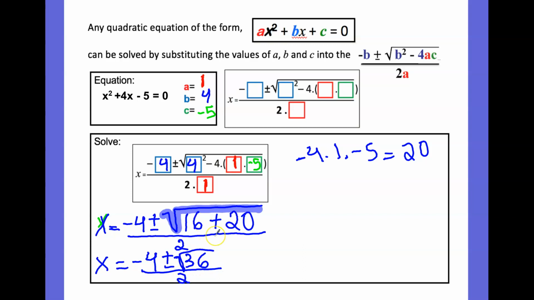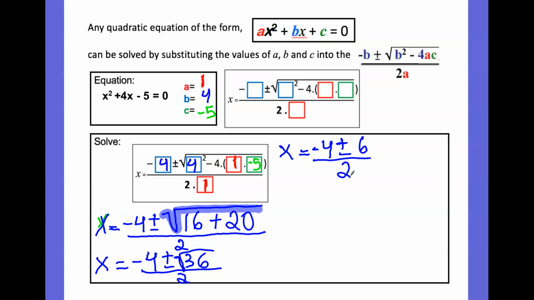I'm doing this step by step so you can see how it works. The square root of 36 is 6, divided by 2.